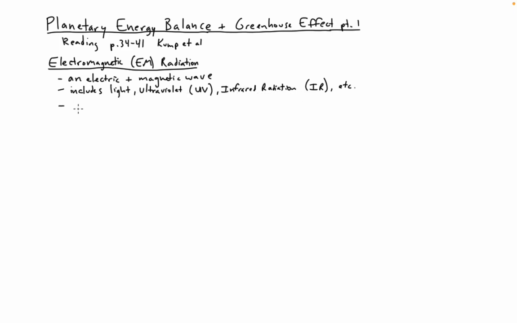So this sort of radiation moves at the speed of light. A fixed speed, which we'll just call c. And that speed is 3 times 10 to the 8 meters per second in a vacuum.